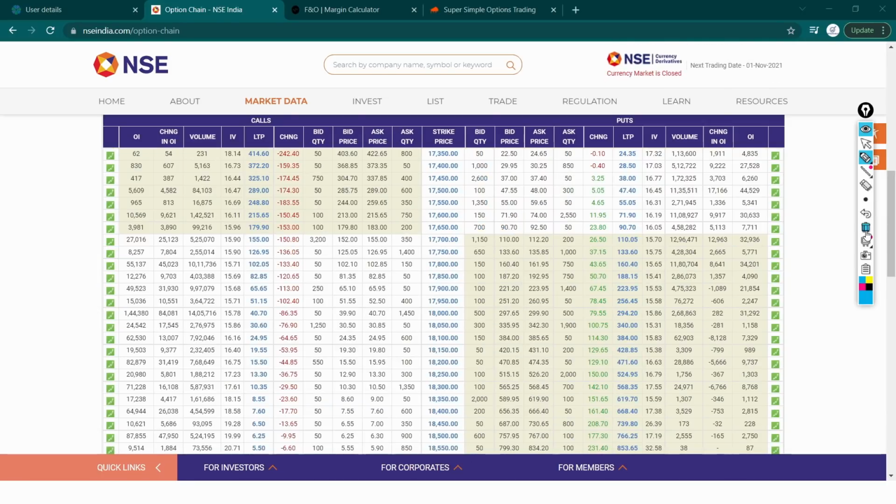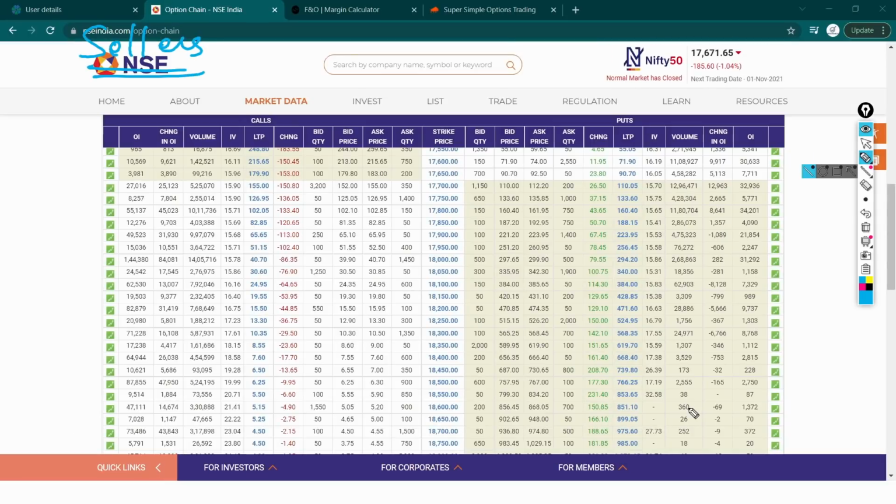So before we move on, we always look at open interest from the seller's perspective. We never look at open interest from the buyer's perspective. Why do we look at it from the seller's perspective? I'm going to explain this before we go to Sensibull. So now let's look at the 18,500 call option.